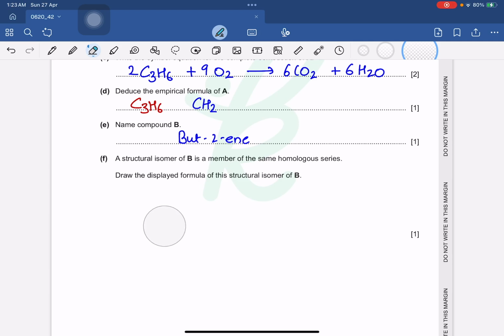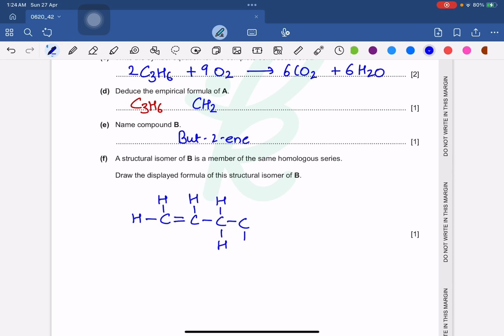So the displayed formula becomes C double bond C, and then complete the valency with hydrogen. So this is the displayed formula of the structural isomer, for which the name is but-1-ene, indicating the double bond on the first carbon.